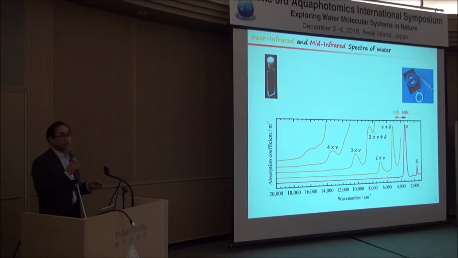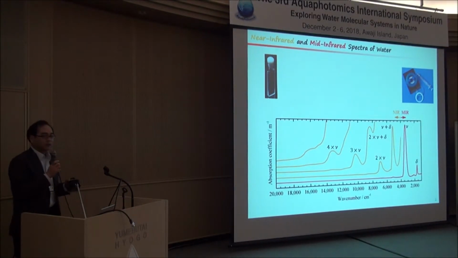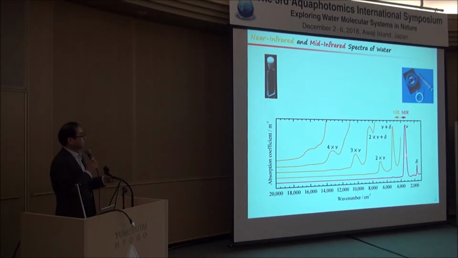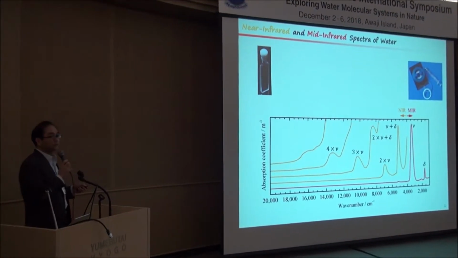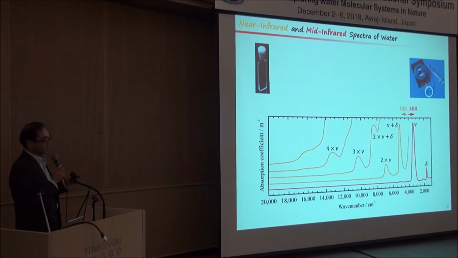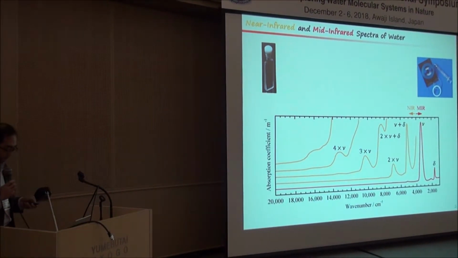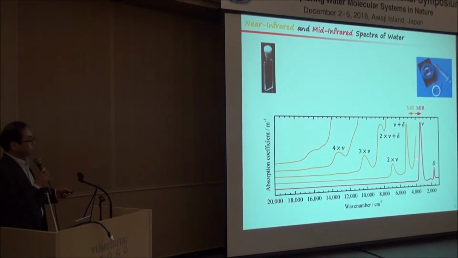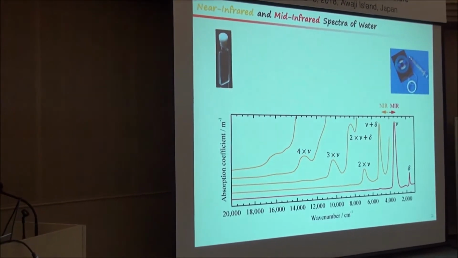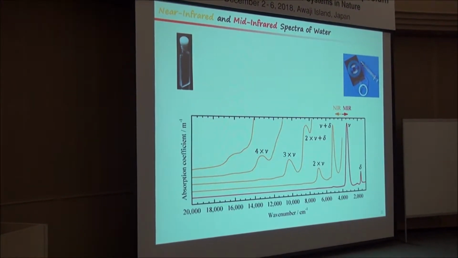Therefore, we can obtain the near-infrared spectrum using such a cuvette cell. In contrast, in the mid-infrared region, due to the intense absorption coefficient, we need a more careful experiment using a cell like this. However, we can obtain not only the OH vibration, but other functional groups can also be obtained by mid-infrared spectroscopy.